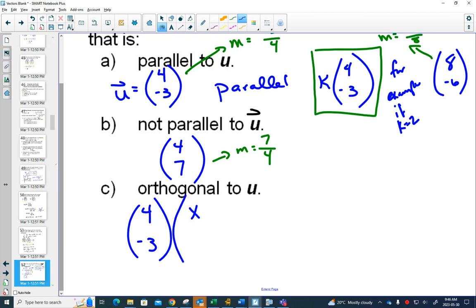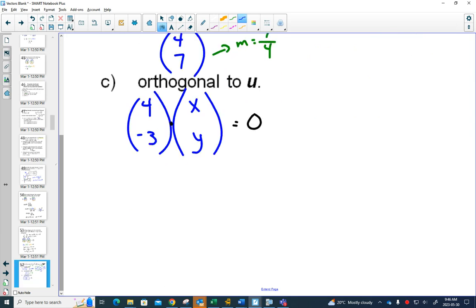I don't know what my x and y are, but I'm going to make a dot product, and I need it to equal 0. The problem is that creates the following equation, that 4x minus 3y has to equal 0, and I have two variables but only one equation.